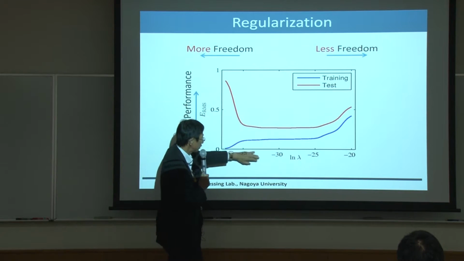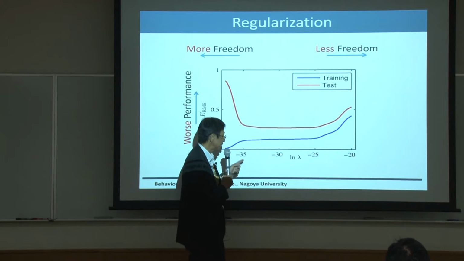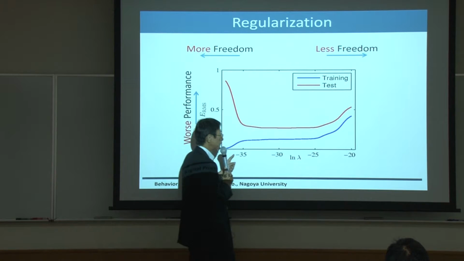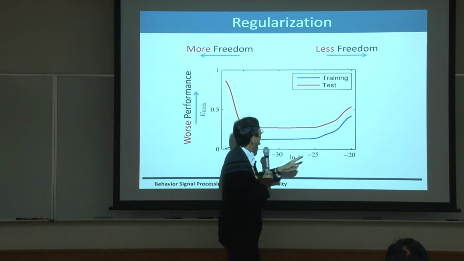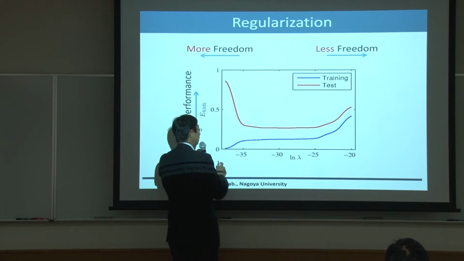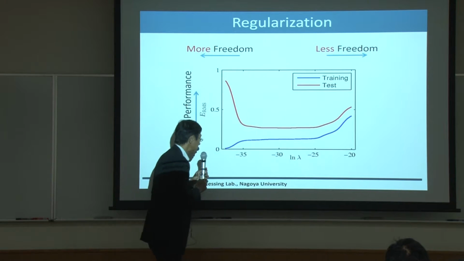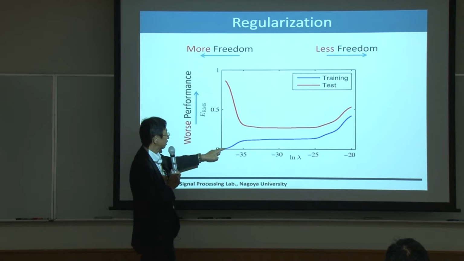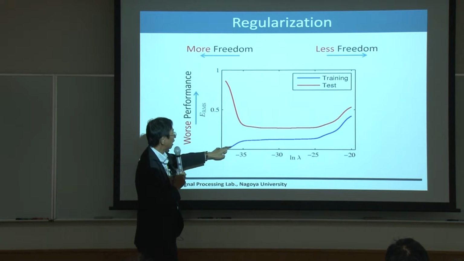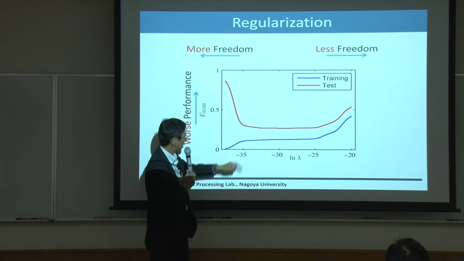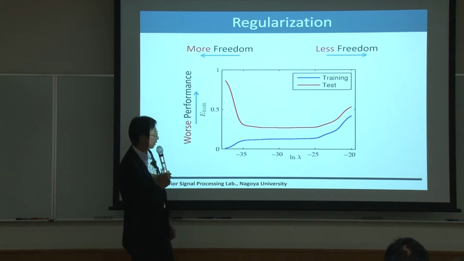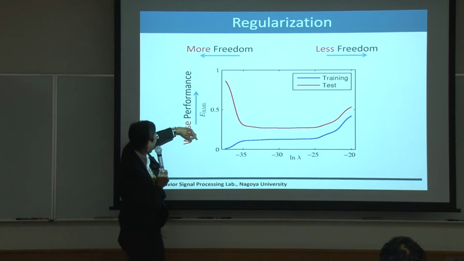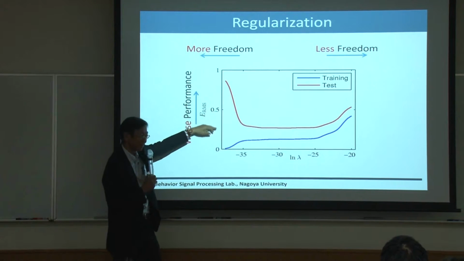So if the penalty weight of the model complexity becomes larger, then the performance on the training set becomes, sorry, this is the error, so the bigger the worse, okay?